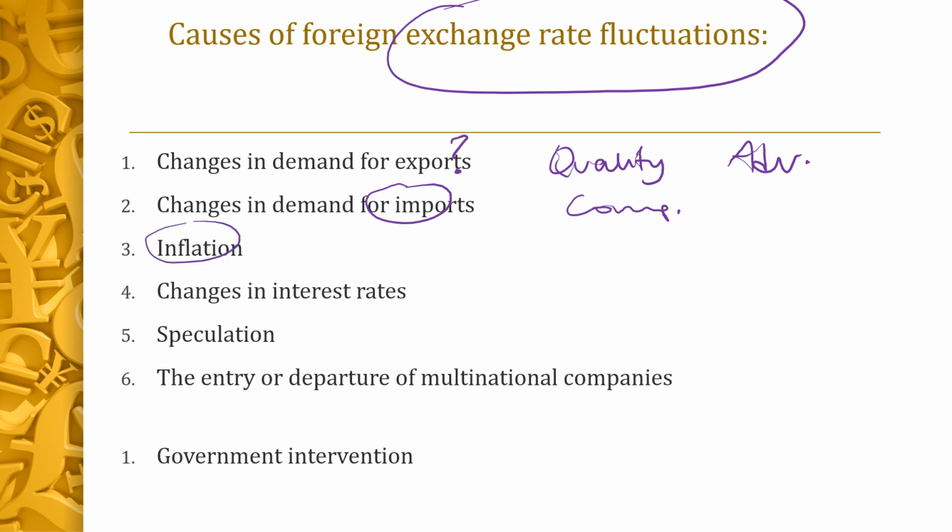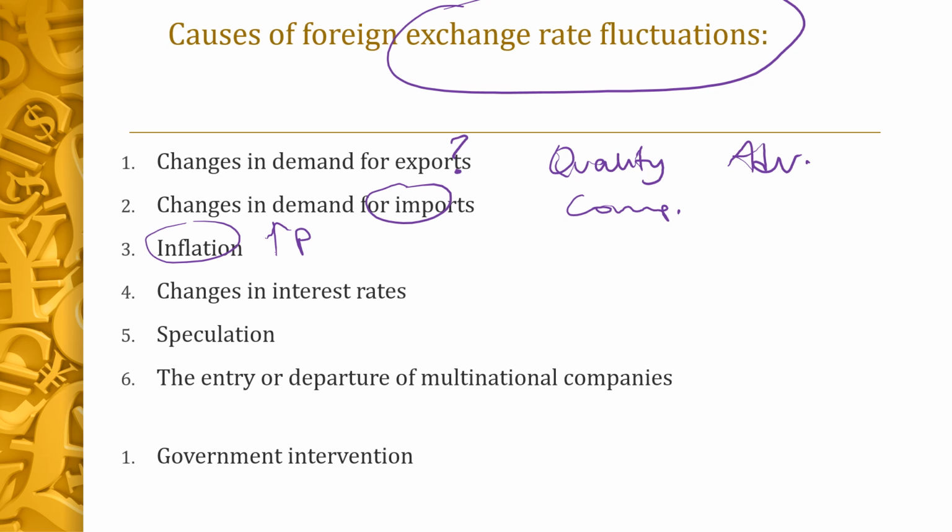The third reason would be inflation. Inflation, as we know, is an increase in the price of goods and services. Domestic inflation will tend to decrease the demand for exports because we will end up paying much more. So this will therefore tend to cause the exchange rate to fall in value.